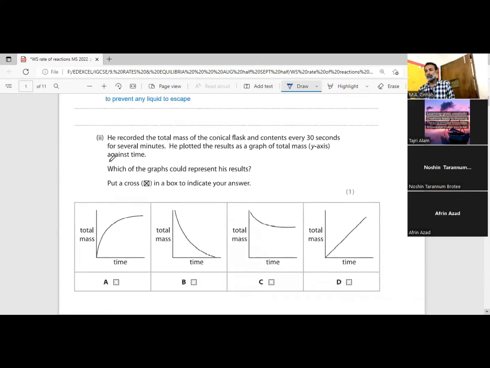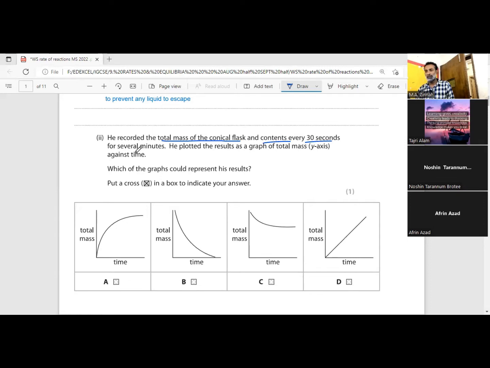Now look at the next question. He recorded the total mass of the conical flask. Be careful here: the total mass of the conical flask and contents. Contents means the reaction mixture with the products.